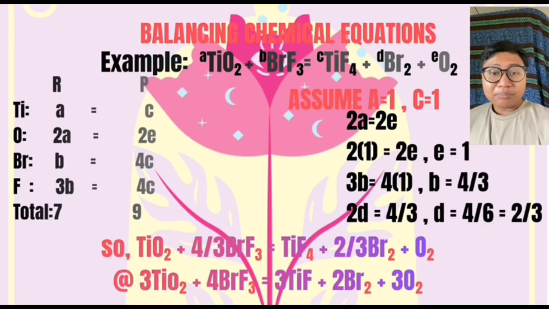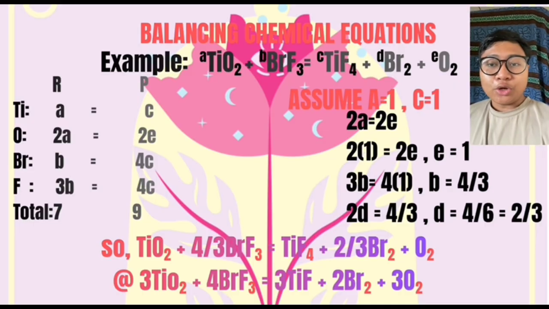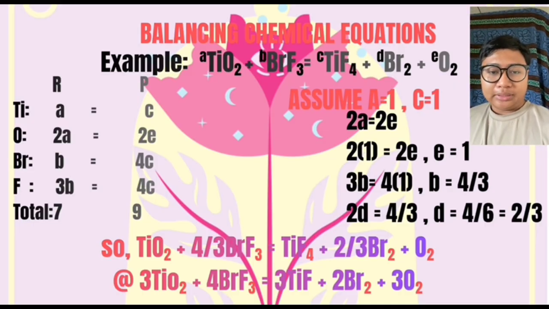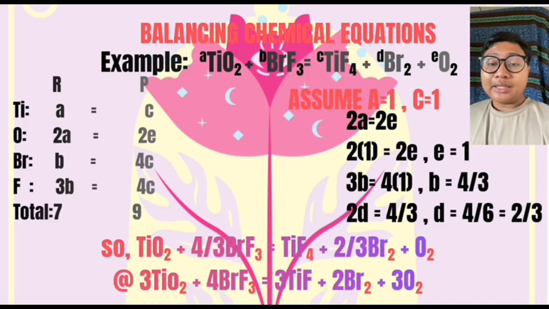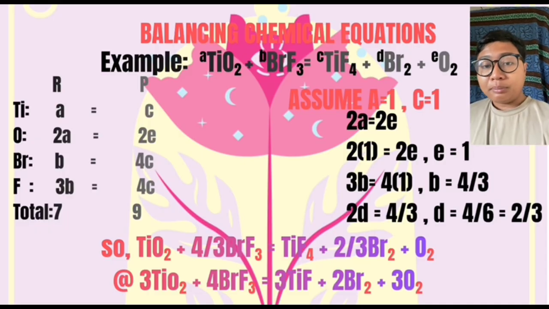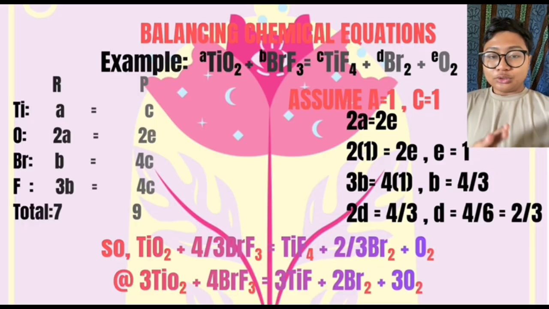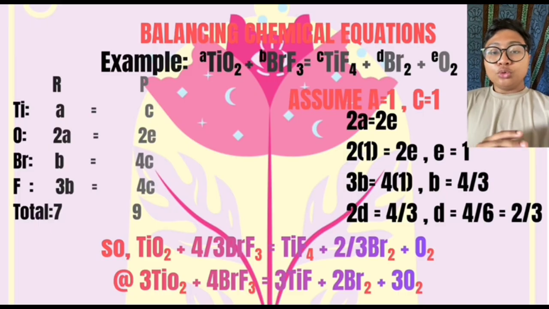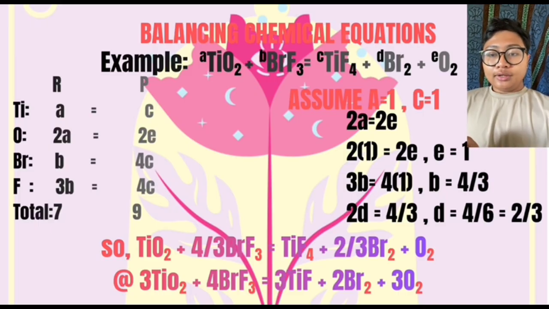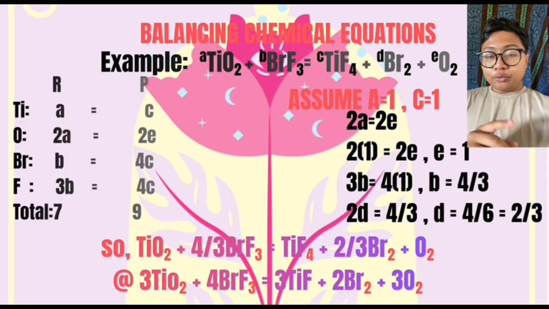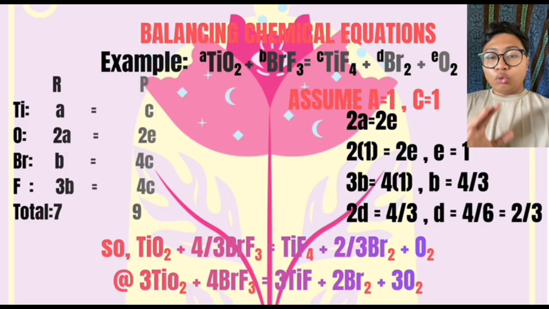This is an example of balancing a chemical equation: titanium dioxide plus bromine trifluoride equals titanium tetrafluoride plus bromine plus oxygen. To solve the equation, we assume that A is 1 and C is 1 too, which means 2A equals 2E, and we change the A into 1, which means E equals 1.